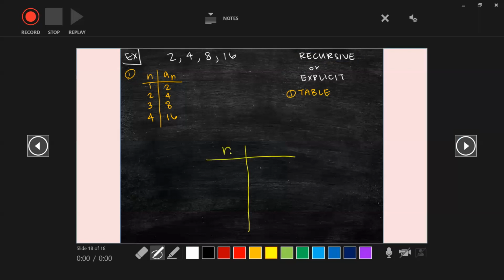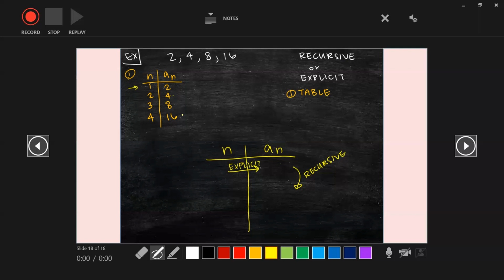Whenever you're looking at this table, if your n impacts your a sub n, so if it matters that it's the first term, then that is going to be explicit. If the change is from consecutive terms, one term to another, then that is going to be recursive. It is recursive because each of the values depends on the last value.